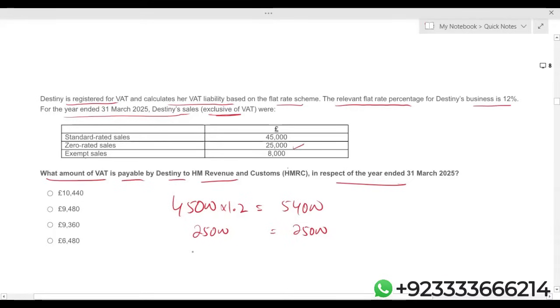Even I have to take the exempt sales as well, which are 8,000. 25 will remain 25 even if you go for a gross up, because zero rated means your VAT rate is 0%. On exempt supplies, actually, we do not apply any VAT. So that is why 8,000 will remain 8,000.